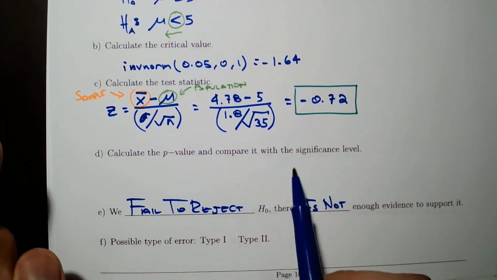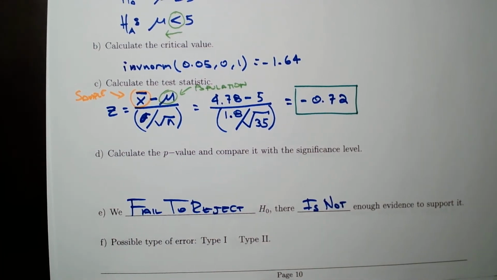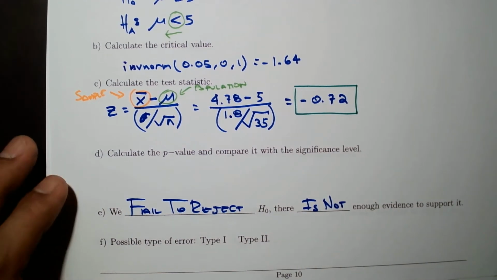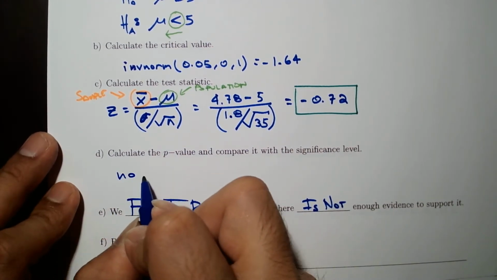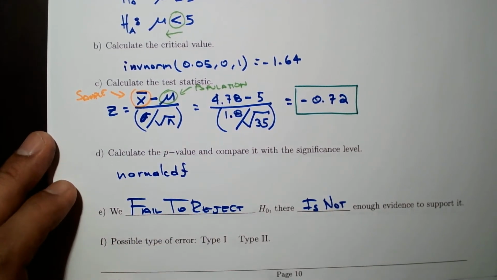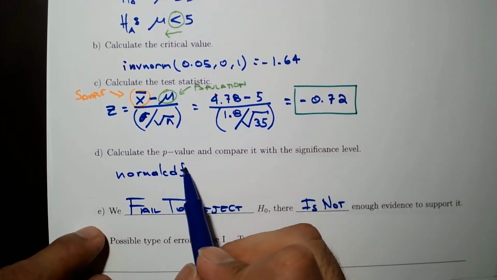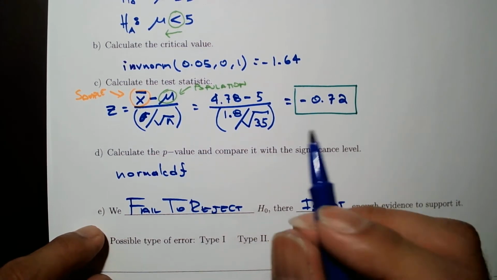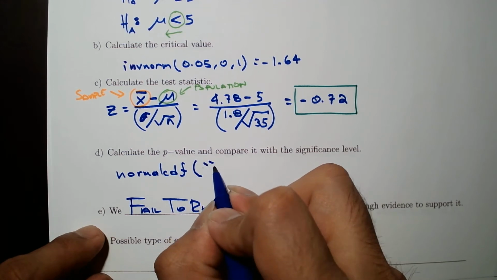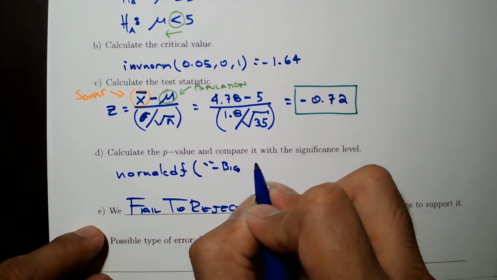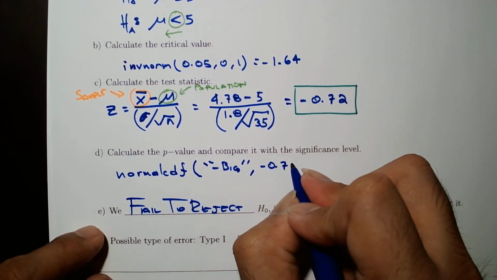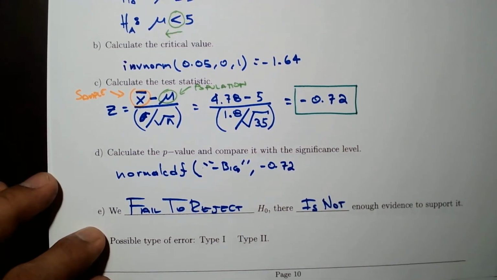Now we're going to use the p-value method and compare with the significance level. In this case, we're going to use the normal CDF. We're going to find the probability, in other words, the area under the curve that goes from negative big to negative 0.72.